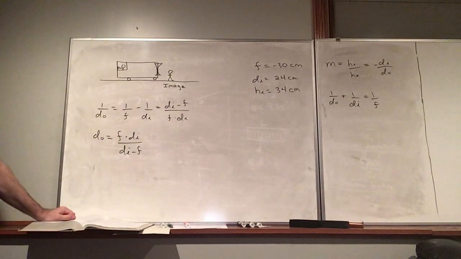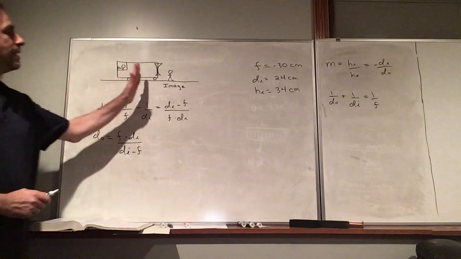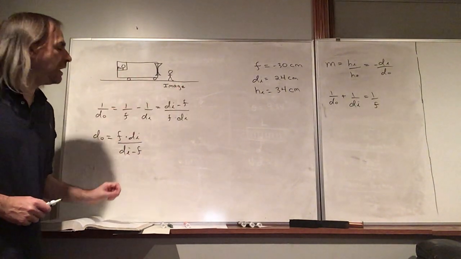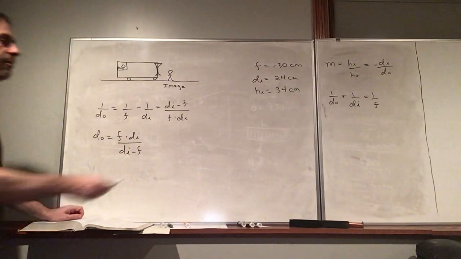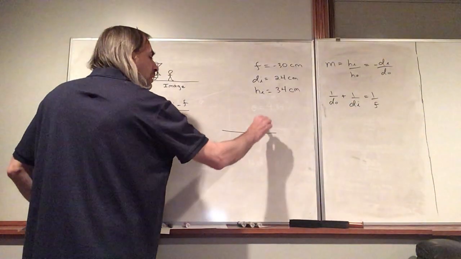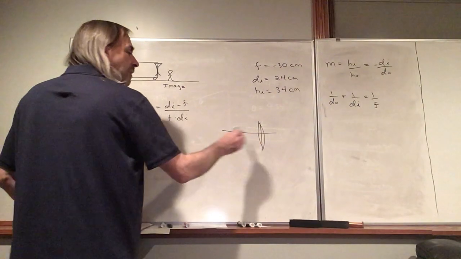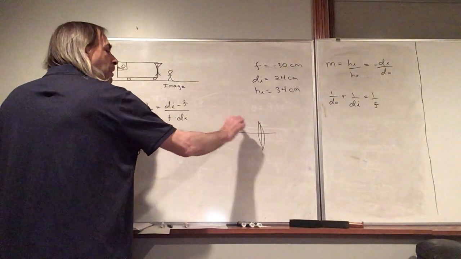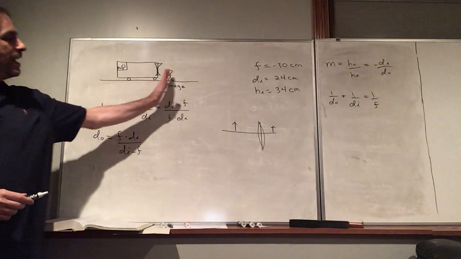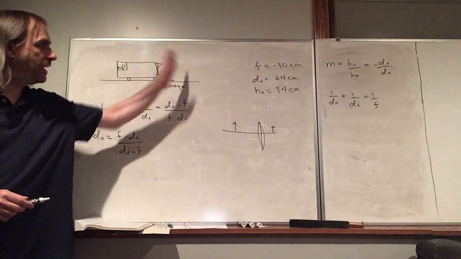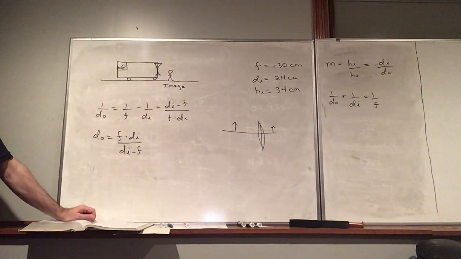But now again, we have to use the sign convention here. And the person is standing behind the lens. So normally when we do these lenses, we have the lens here, whichever converging or diverging, doesn't matter. We have an object here and an image over here. This time, the object, we're told, is behind the lens.